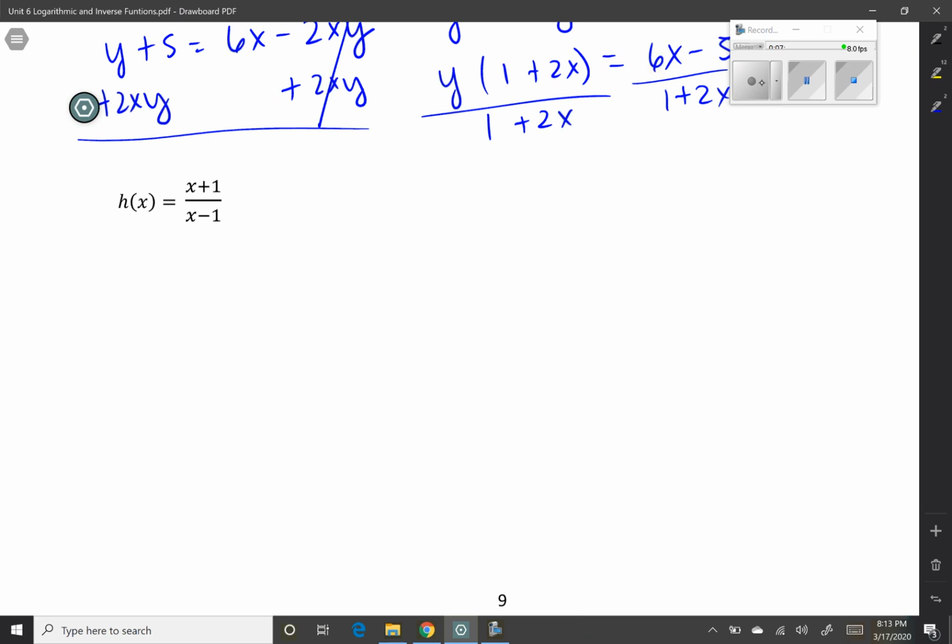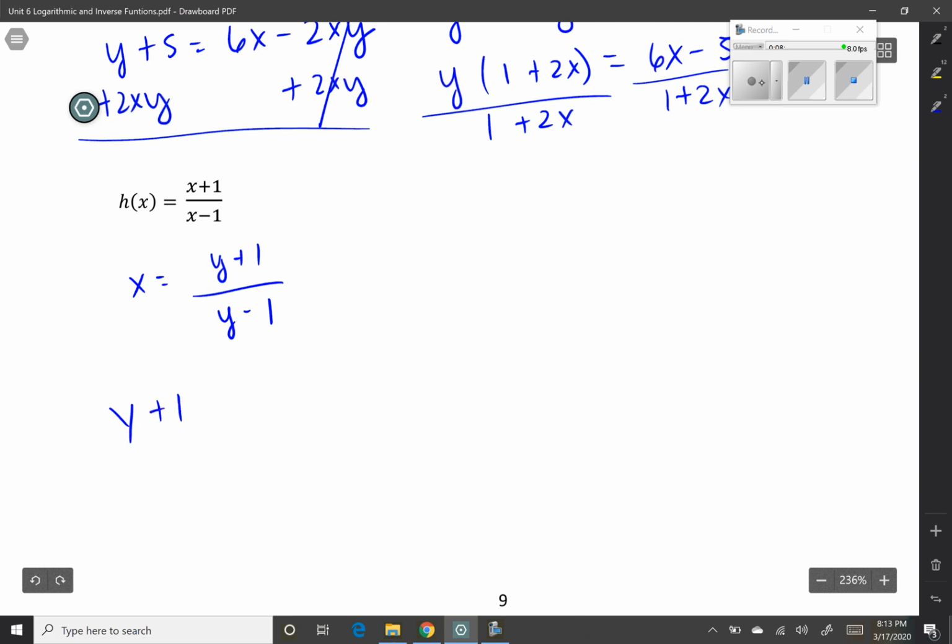So the first step I'm hoping that you took was you switched x and y. That's, I'm hoping at this point, the obvious step. You then cross multiplied and got y plus 1 equals xy minus x. You then moved the xy to the other side, and we'll do this in one step since you tried this one on your own, and moved the x to the other side.